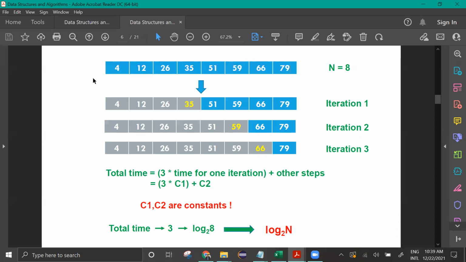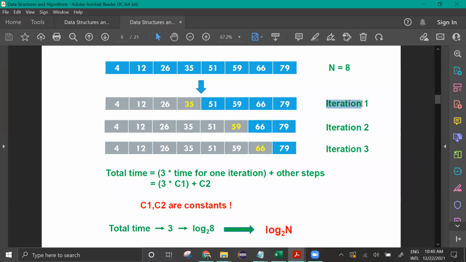So be aware, this is an ordered array, so no problem, we can use binary search. First we try to find the middle. That's the first iteration. We compare and then we find which part to be considered.